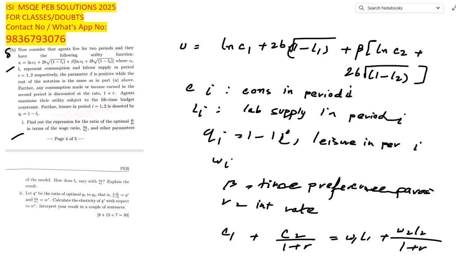First we will do this. So let's do it together. We will form the Lagrangian first for this.